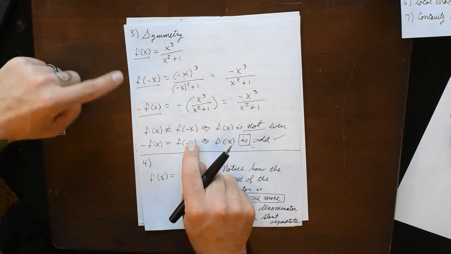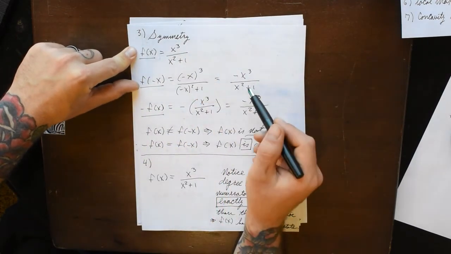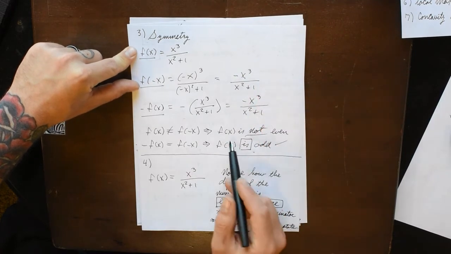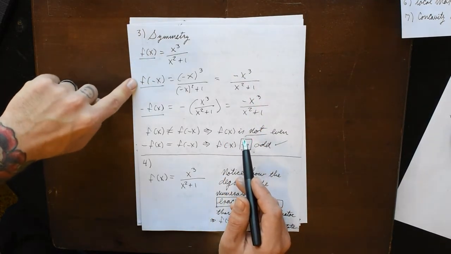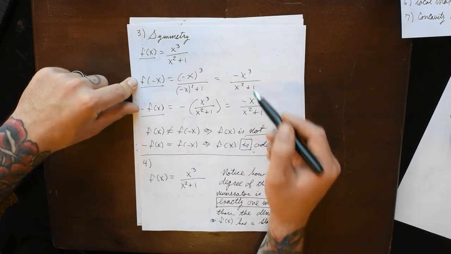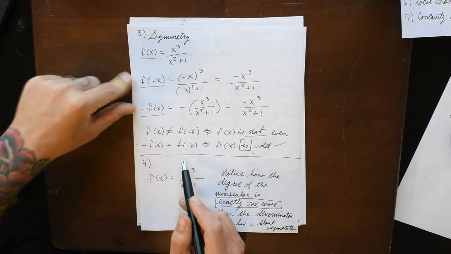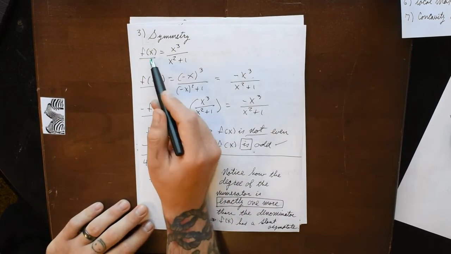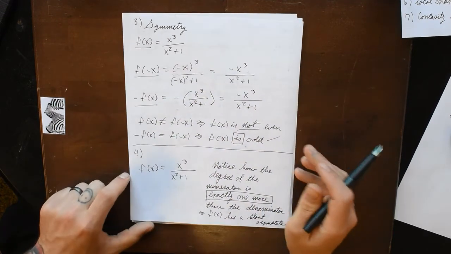In this case, f of x and f of negative x, they weren't the same function. So we know that f of x is not even. But f of negative x and negative f of x, they're the same function. So that implies this thing is odd. So for symmetry, f of x, f of negative x, negative f of x, and compare.